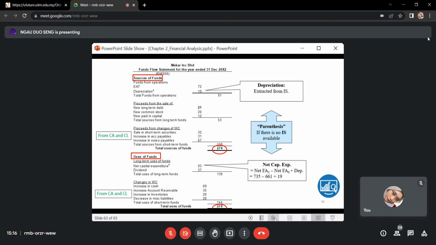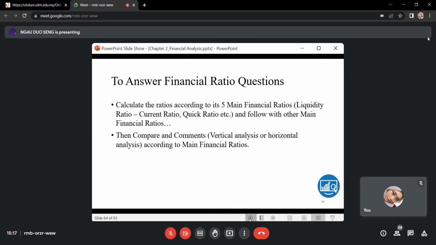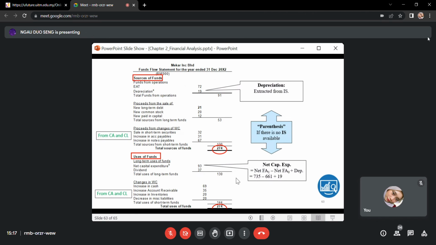All right, next we have changes in the working capital. Right, so you just identify here the uses. So there are 3 here, and then current liability has 1. So total 1, 2, 3, 4. 1, 2, 3, 4, right?